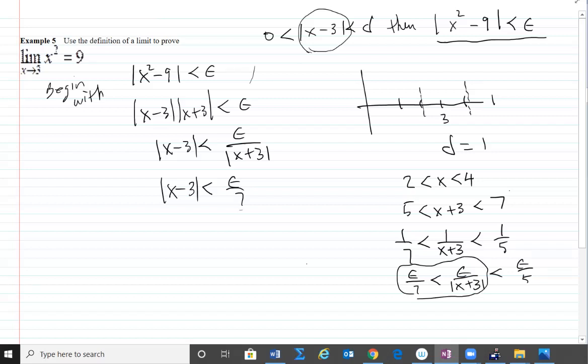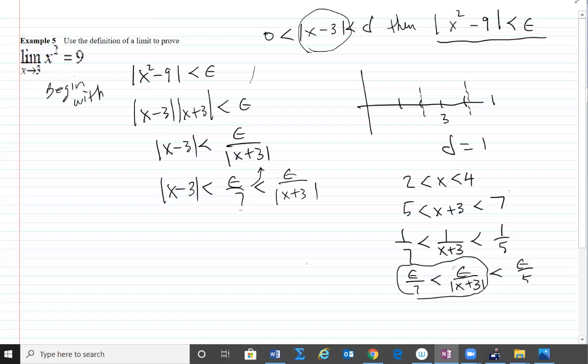I'm going to pick this because it's less than the epsilon over x plus 3, which would then algebraically imply I could go backwards to this statement if I'm at this statement. I can go backwards to this one because this would be less than the epsilon over x plus 3. So that's why I'm choosing it, because that'll be part of my proof, my statements.